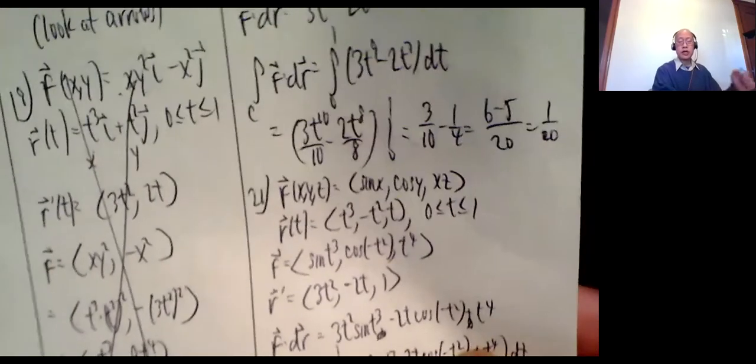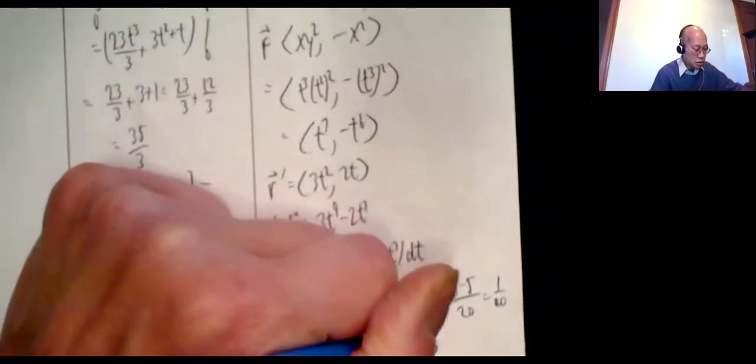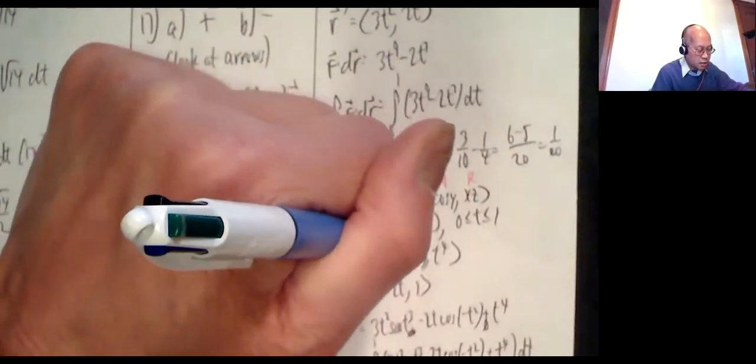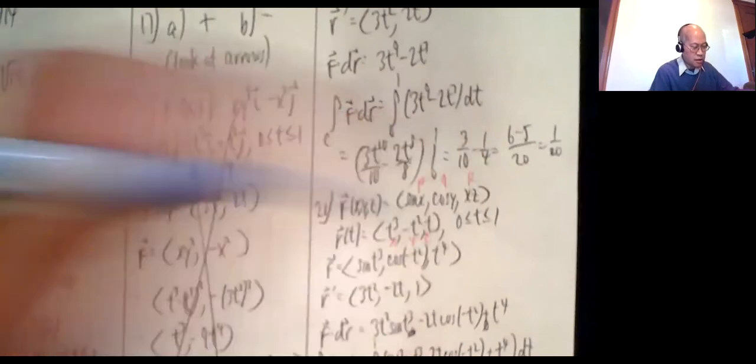Okay, so if you want to get the notation straight on what's happening, this is what the text calls P, Q, and R. But for position vector r of t, this is indeed x, y, and z.